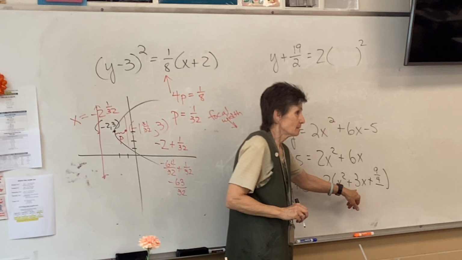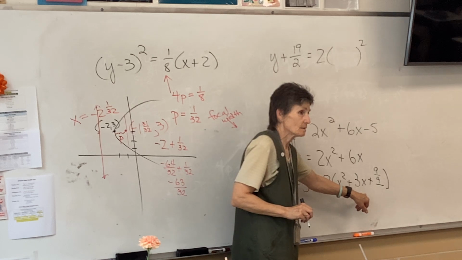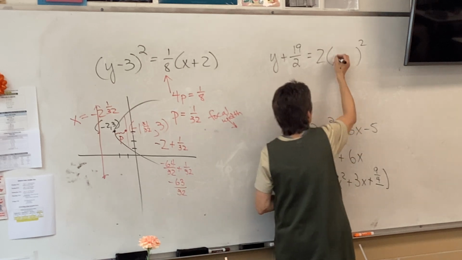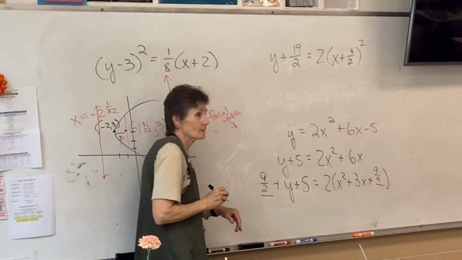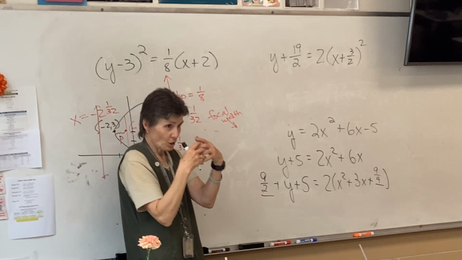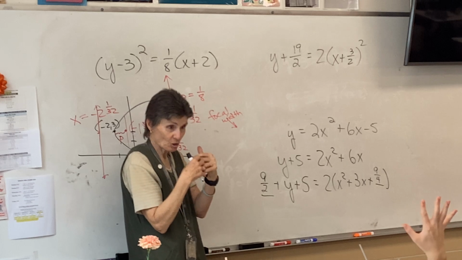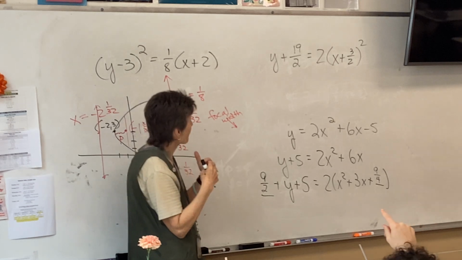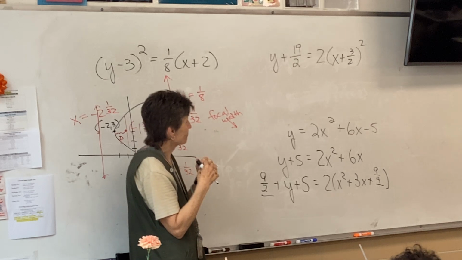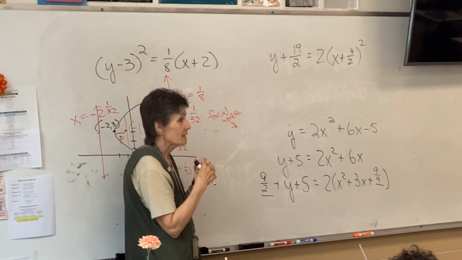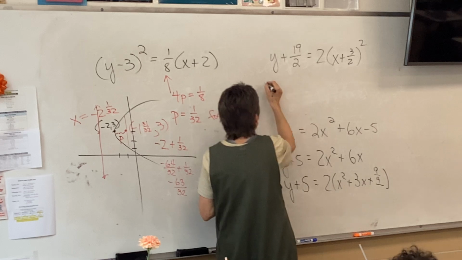X plus 3/2? Think about that for a minute. Our job was to build a square. Is it 9 over 2 or, oh, you added the 5, never mind. Now, I'm gonna move the 2 over.